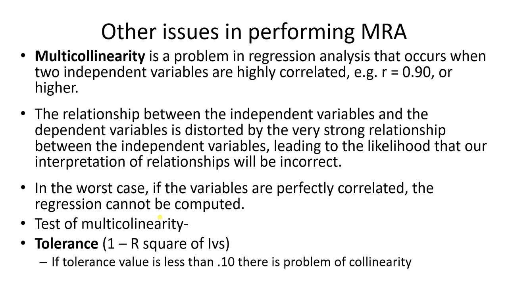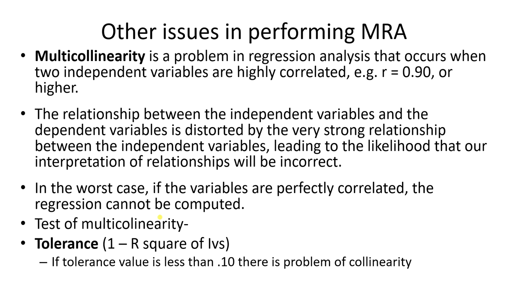The worst case is when the variables are perfectly correlated, then regression cannot be computed. If you are doing it with SPSS, a warning will come that you cannot proceed because matrix inversion is not possible.